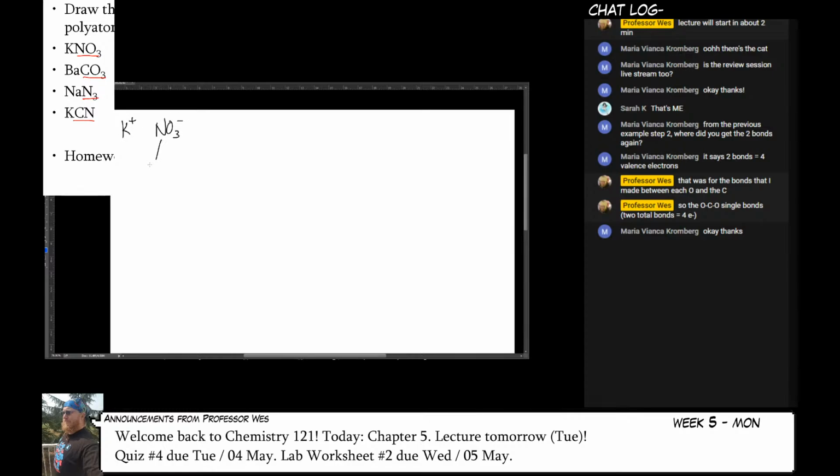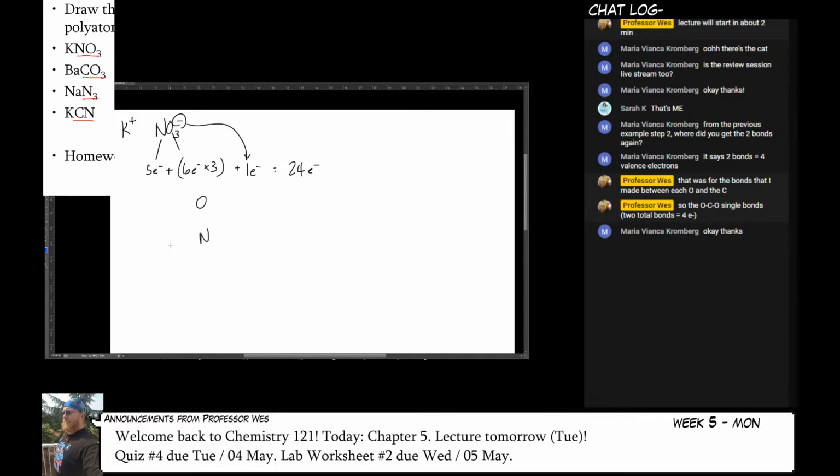Each nitrogen is 5 electrons, each oxygen is 6 electrons. 3 of those. And then I have this minus charge, which is an additional electron. Add them all together, we get 6 times 3 is 18, plus 5 plus 1, 24.